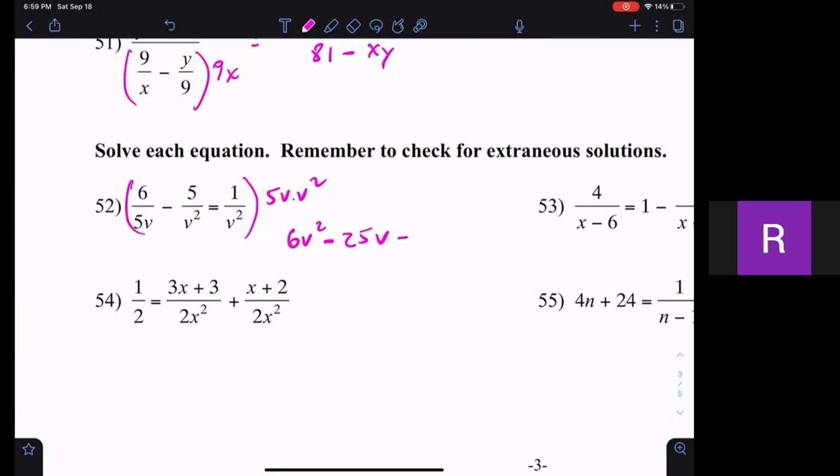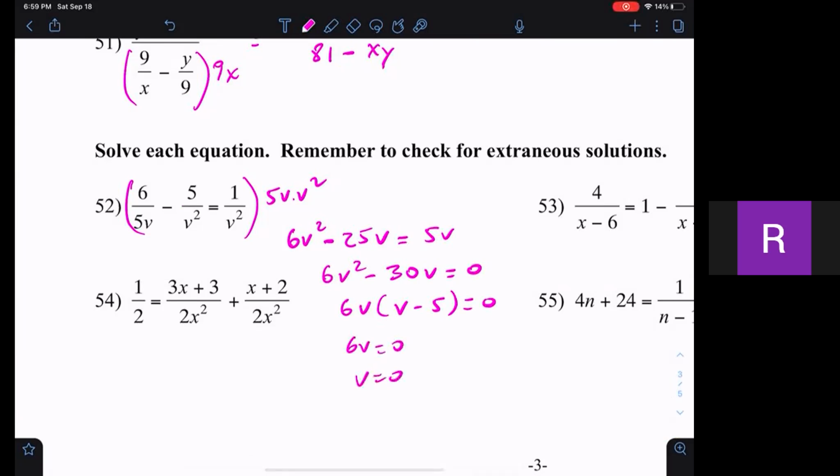And then this is gonna be equal to 5b. So 6b squared minus 30b, right? If you subtract negative 5b on both sides, this is 0. 6b times b minus 5, right, equals 0. 6b equals 0, b equals 0; b minus 5 equals 0, b equals 5.